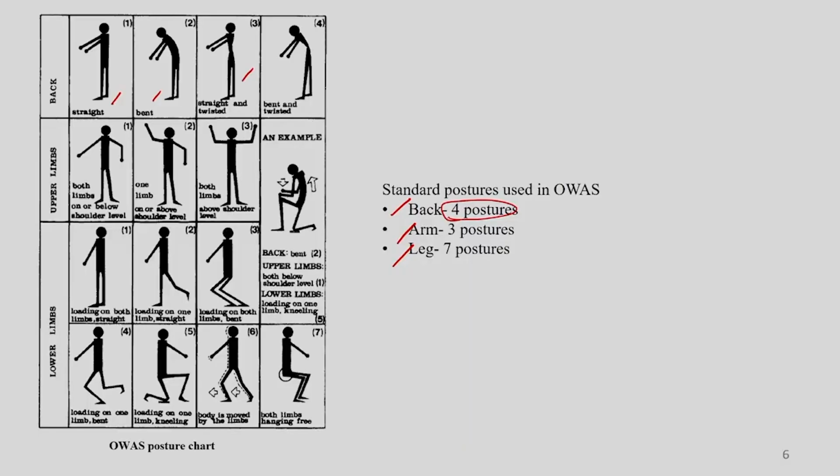The last one in this table is 4, which is a forward bend condition where you are also working on the left or right side. So you are actually crossing your body midline. When you cross your body midline, you develop a lot of stress on your trunk muscles.